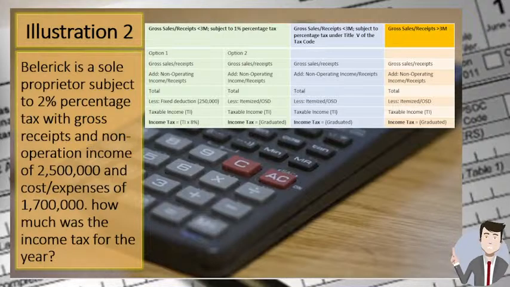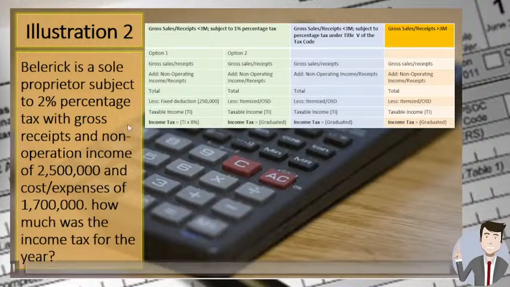It's enough that you have an idea of the relationship between income tax and business taxes, just in support of our discussion on income tax. Okay? You will learn business tax in your second semester. So for this moment, Mr. Belleric cannot use this computation because he is subject to 2% percentage tax.